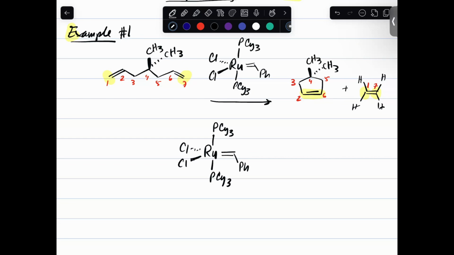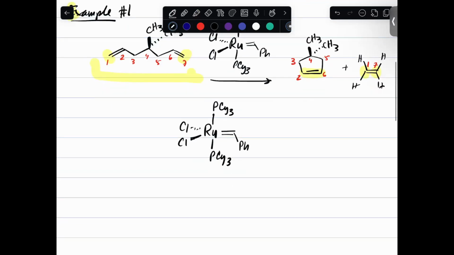They also don't follow similar steps to what we've learned before. There's clearly no leaving group, no halogen on our starting material. So there's no oxidative addition and no reductive elimination. It's slightly different steps than what we're used to.